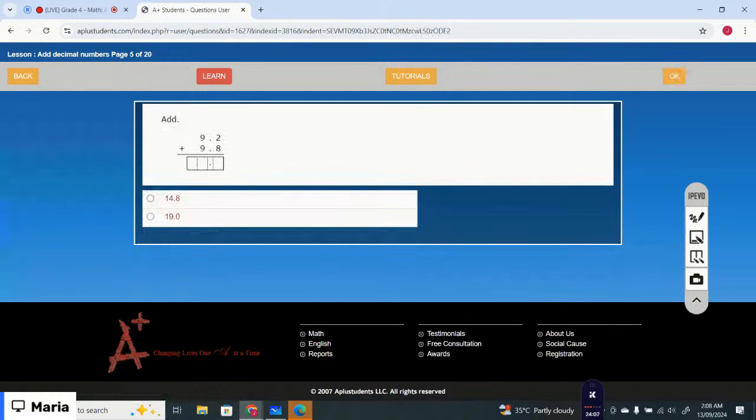The next one is, wait, let me just fix this. 9.2 plus 9.8, which is the correct option?